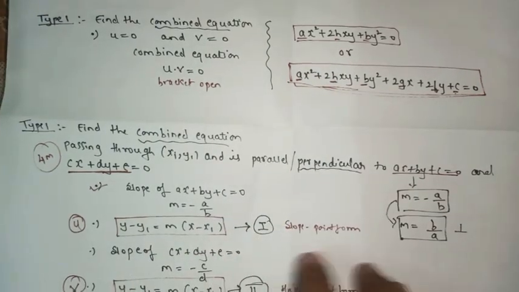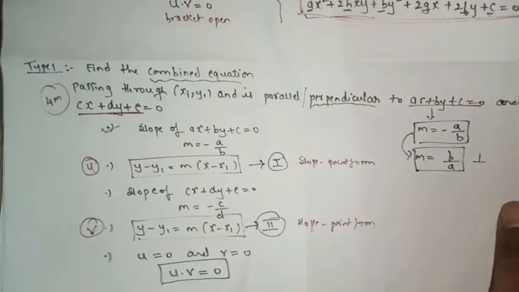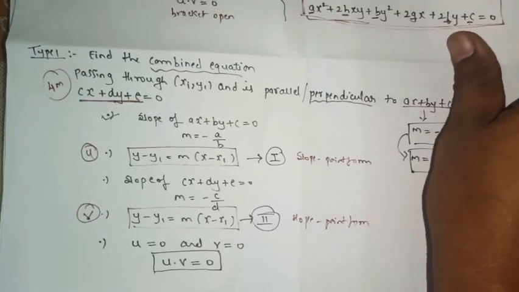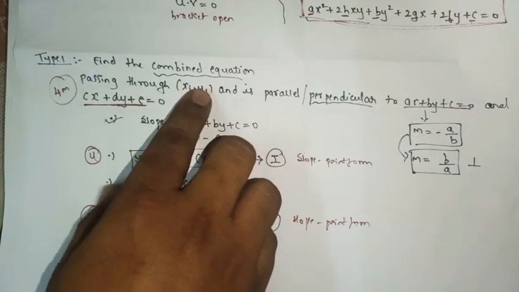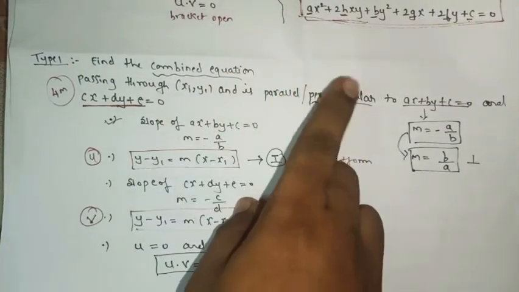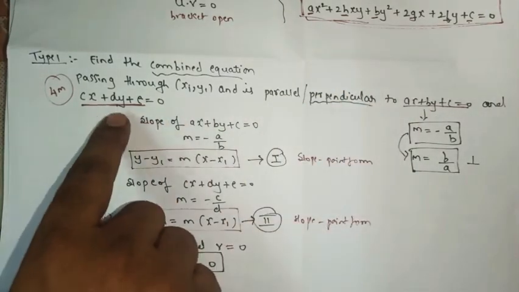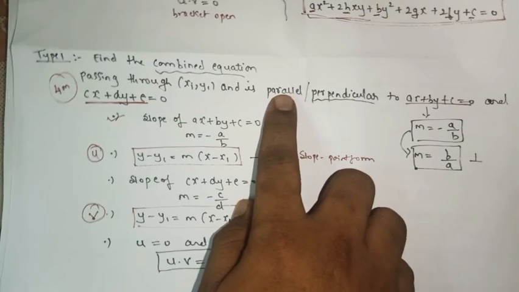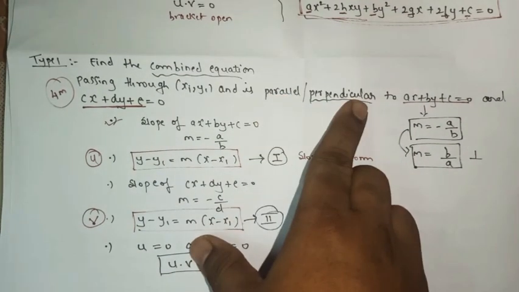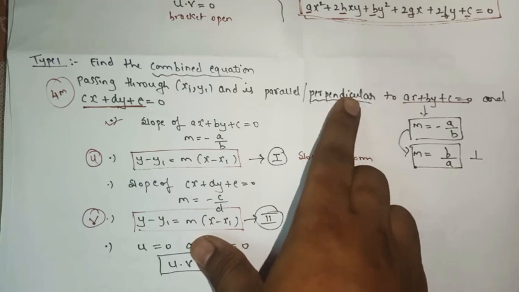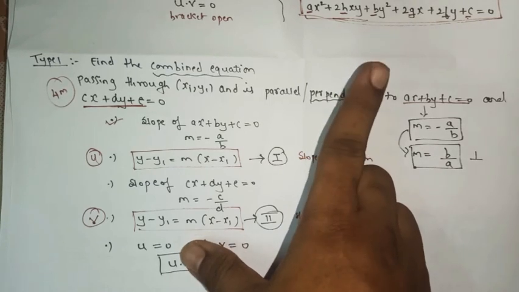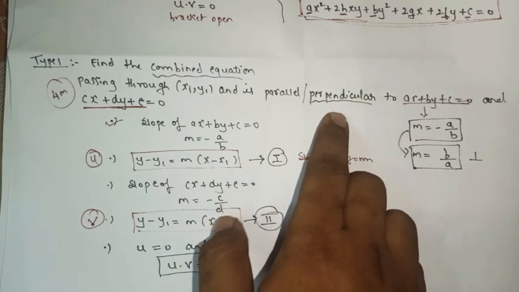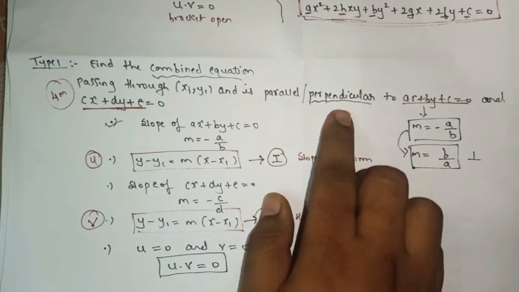In that same type number 1, there is a subtype. They will say that we have to find the combined equation that is passing through (x1, y1), and which will be parallel or perpendicular to a given required equation. So whenever they say parallel, keep the slope as it is. Whenever they say perpendicular, why am I again and again hammering on the word perpendicular?